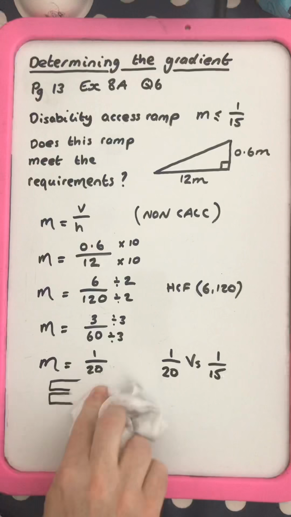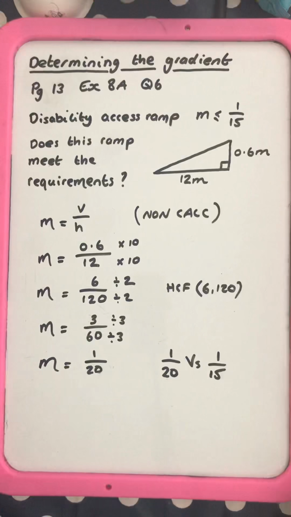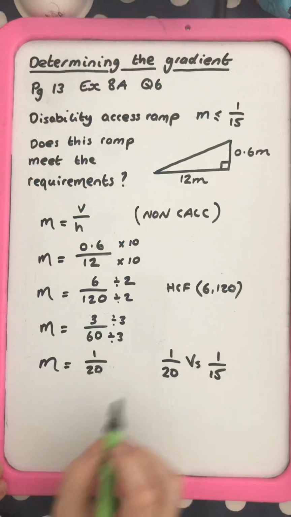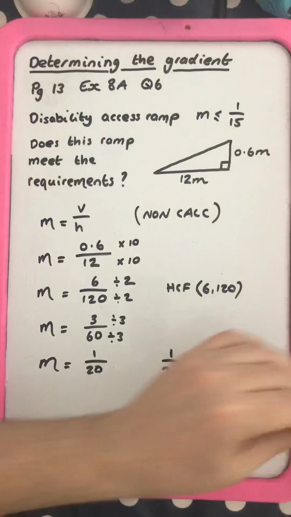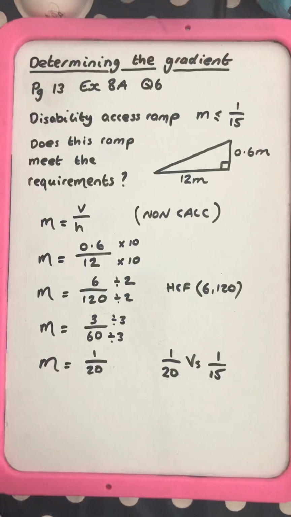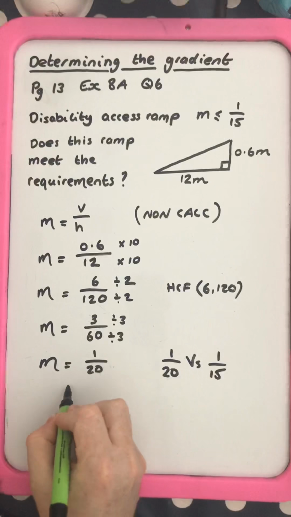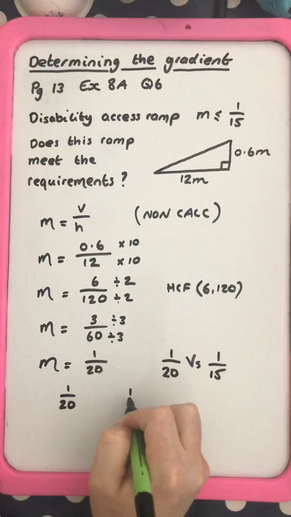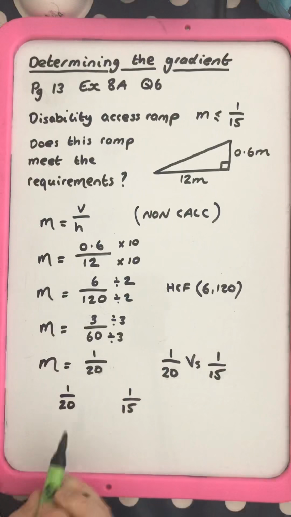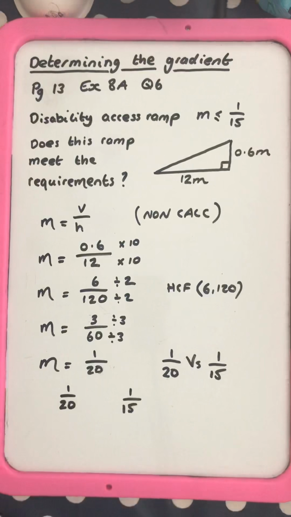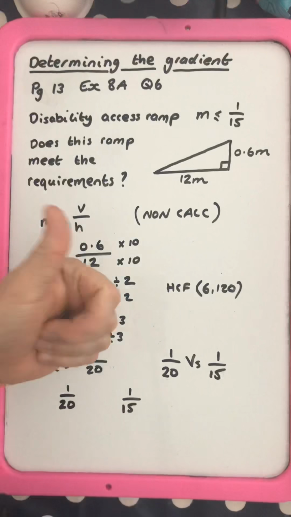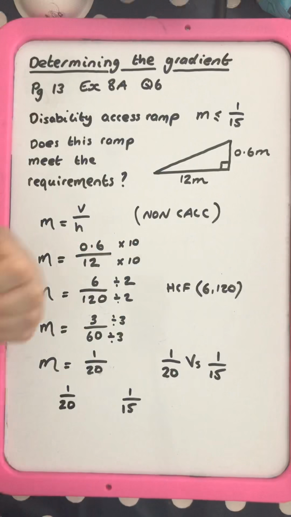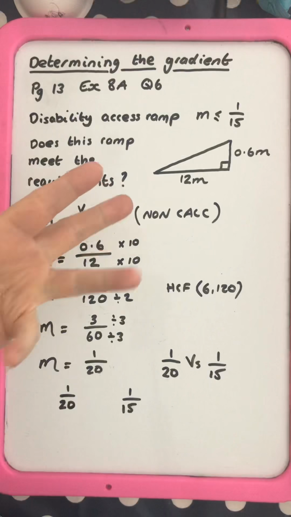Another technique would be to compare these using equivalent fractions again. So the lowest common multiple of 20 and 15: 20, 40, 60; 15, 30, 45, 60.